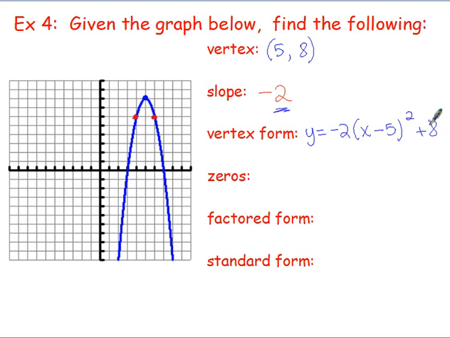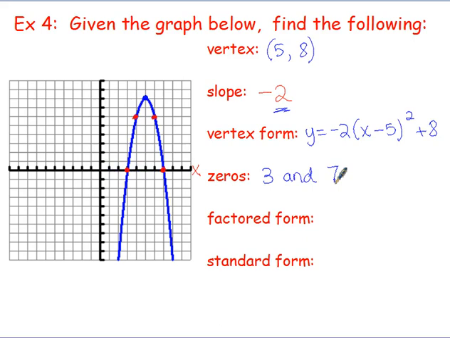Not too bad. The zeros. We need where it crosses the x-axis. So that would be that point and that point. So this first one is 1, 2, 3 to the right, so positive 3. The second one is 1, 2, 3, 4, 5, 6, 7 to the right, so positive 7.